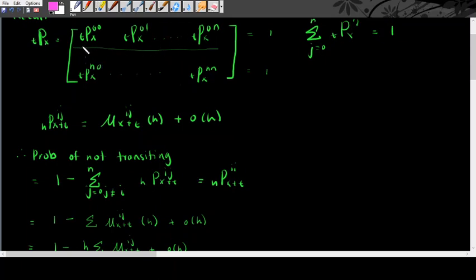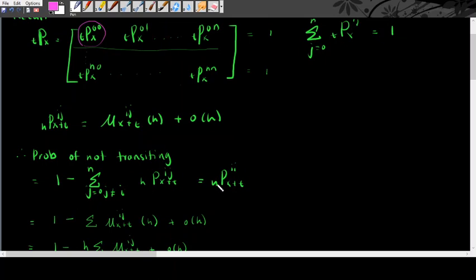The probability of not transiting will be 1 minus all of the other probabilities, so 1 minus the summation of all of the other probabilities except for the one that you want, where you are not moving from that particular state.